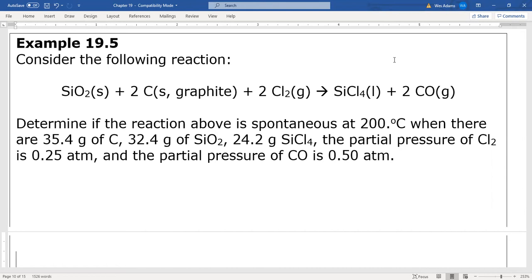Now, there are a couple of red herrings in this. We really don't care about the masses. What's going to affect the equilibrium constant, or the Q, is what's in the gas phase. And so we're going to focus on those two things in the gas phase, where our pressures are in atm, where we get a KP or a QP if you want to do it based on gases.